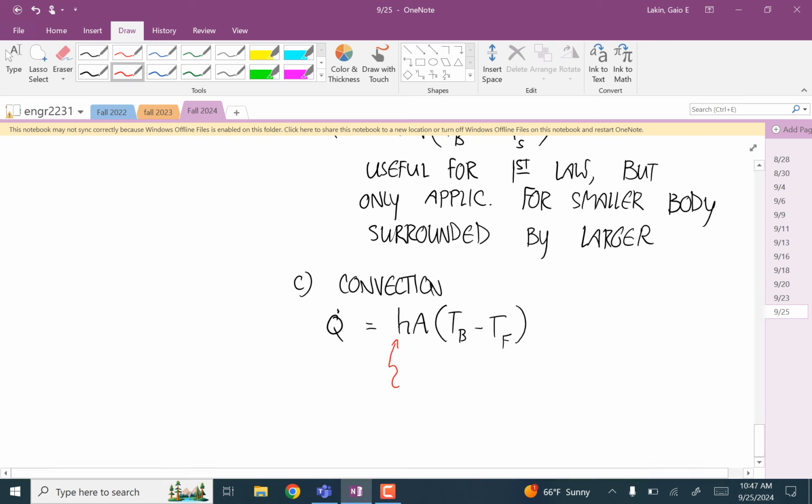So this h is an experimental constant. And this A is the surface area of the body that's exposed to the fluid.